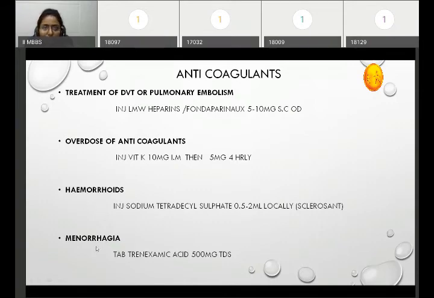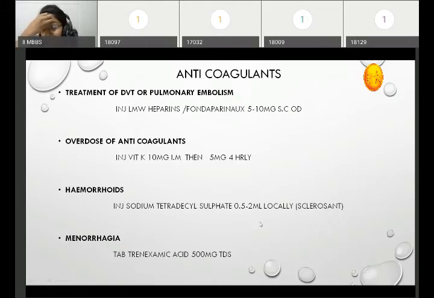Then menorrhagia. Menorrhagia is a condition of excessive menstrual bleeding that occurs in many women. So here you can describe tranexamic acid. What is tranexamic acid? It is an antifibrinolytic drug. So what do these antifibrinolytic drugs do?